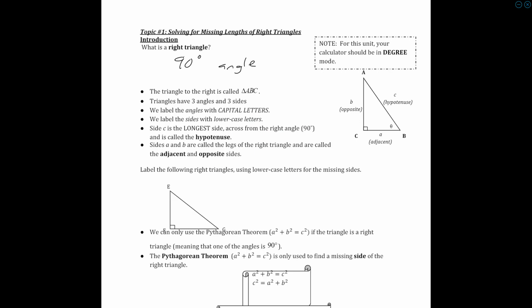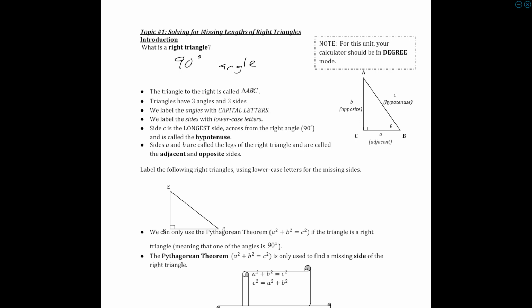Uppercase has the angles, lowercase has the sides. So we could call this triangle ABC, and that would tell you the angles are ABC, but also the sides are ABC. Until grade 10, we would have called this side AB. That's still true, but if we're using one small letter, it's c. Just remember, if we're using a small letter, it's from the opposite angle.